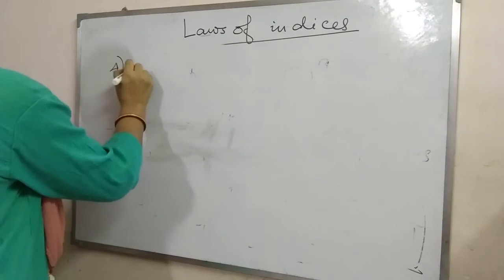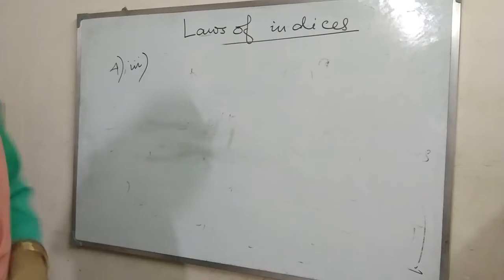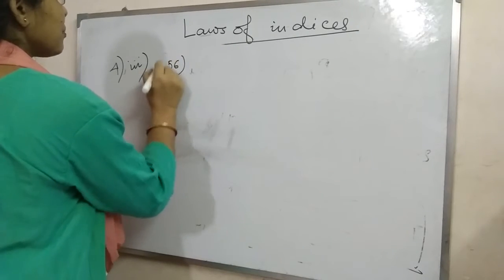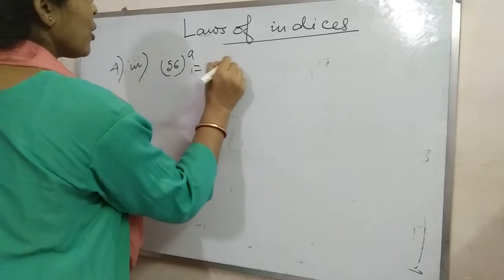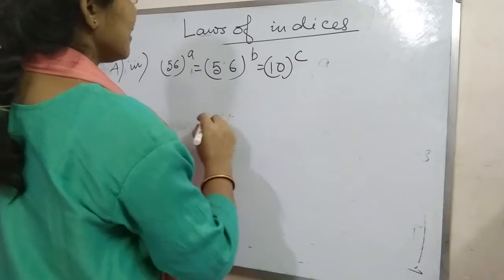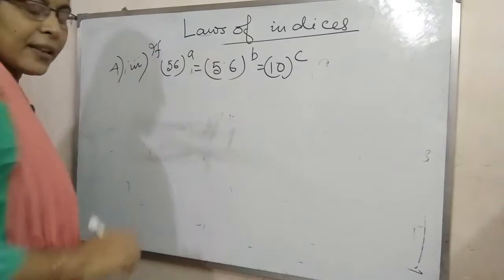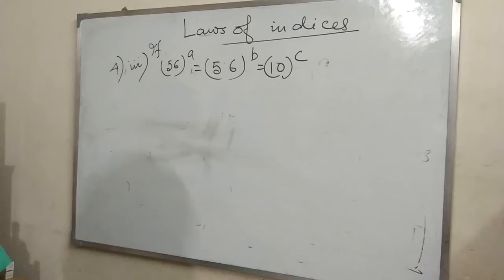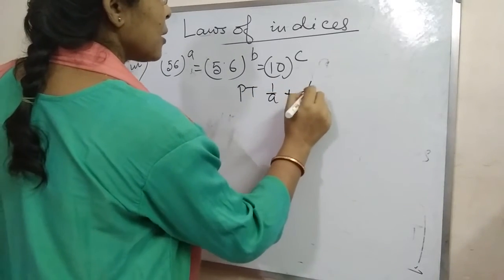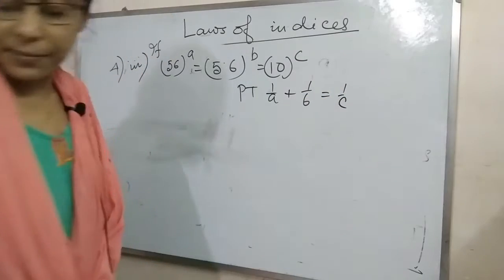And the next sum is here: if 56 to the power a equals 5.6 to the power b equals 10 to the power c, then prove that 1 by a plus 1 by b equals 1 by c.